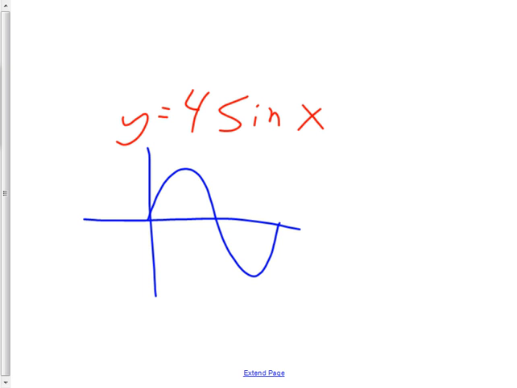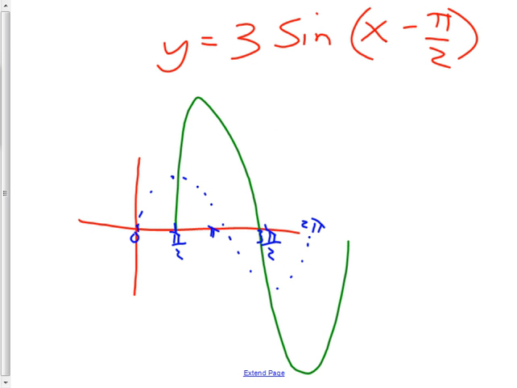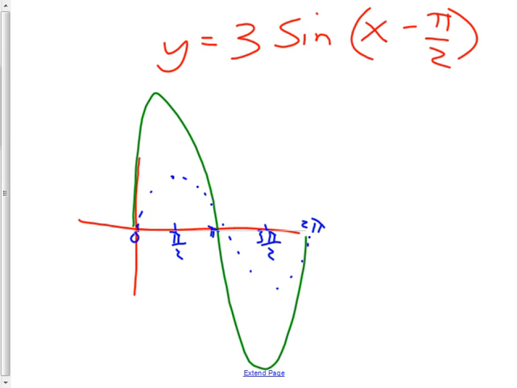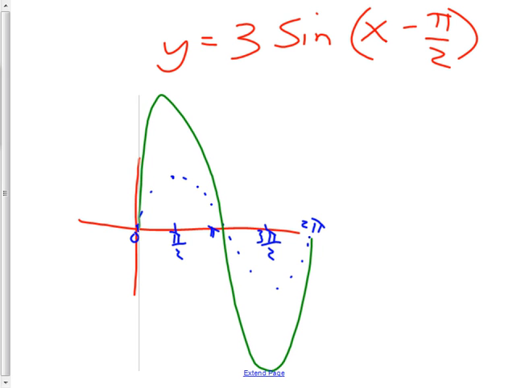Here's the new graph. This, the blue dotted one, that's the parent of sine. Do you get how I made it 3 times taller? Here's just making it 3 times taller. It looks like that. You get that?